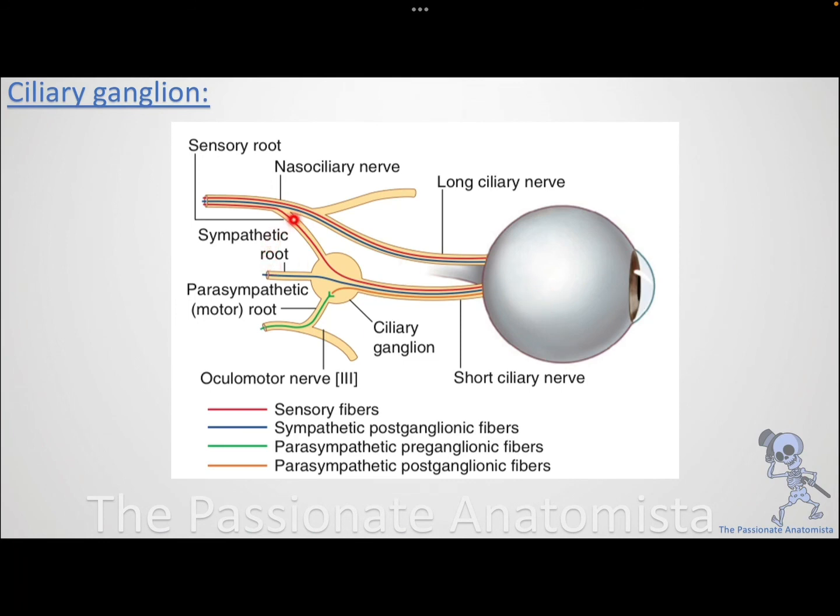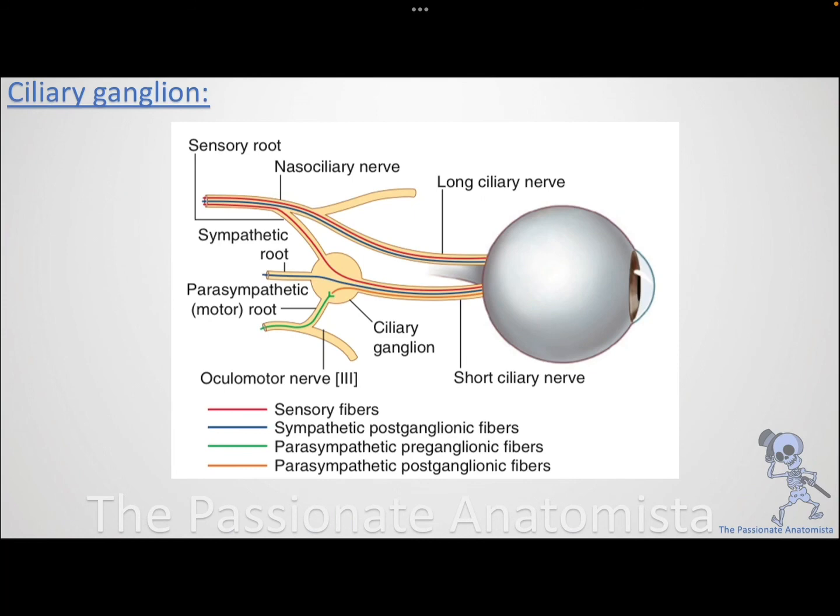However, the sympathetic fibers, which come from the superior cervical ganglion, from the spinal cord, go through the ganglion without synapsing. Some of them can go through the short ciliary, some through the long ciliary. They only go to the dilator pupillae muscle, but they don't go to the ciliary muscle, because normally the suspensory ligaments are already acting on the lens and making the lens flattened for long vision.